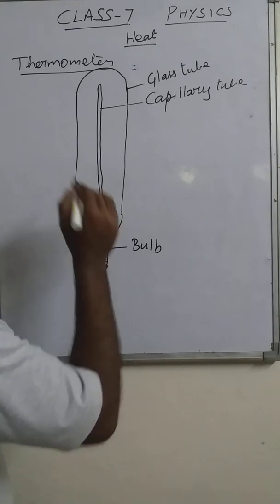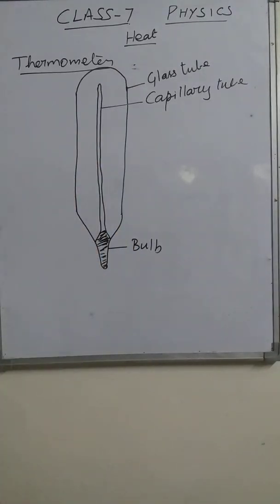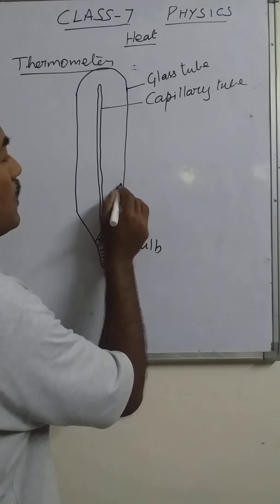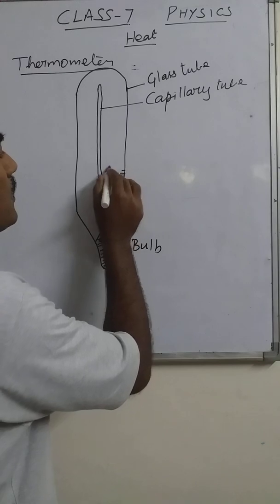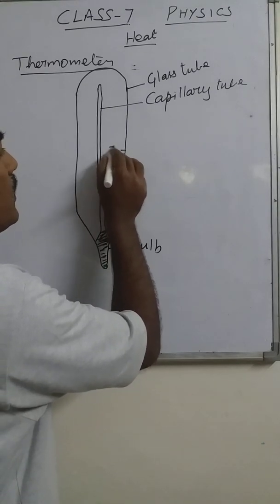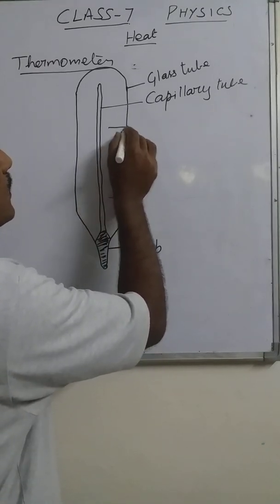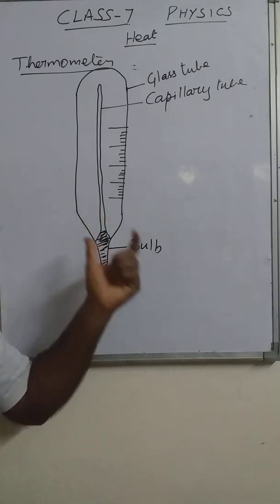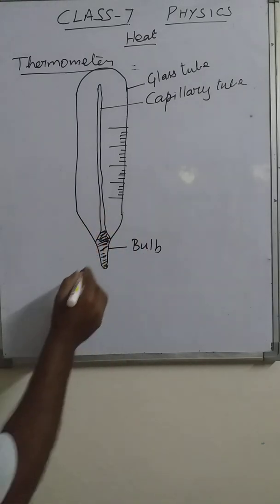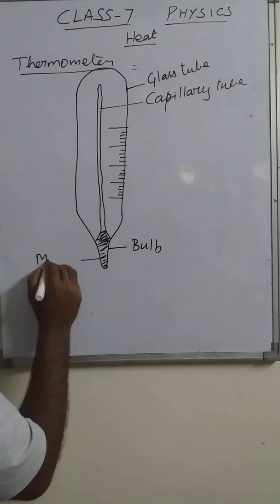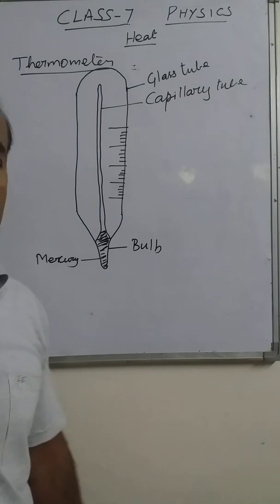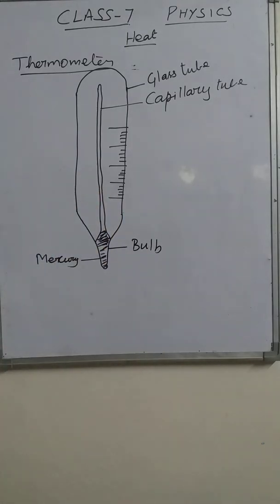And on the surface of the glass tube, the divisions are made for the measurement of temperature, and it is made up to the higher level. This is how the thermometer is constructed, and the liquid is mercury. This is the general construction of a general thermometer.